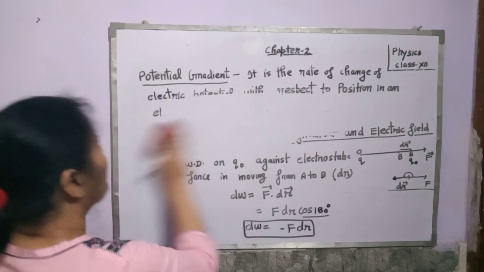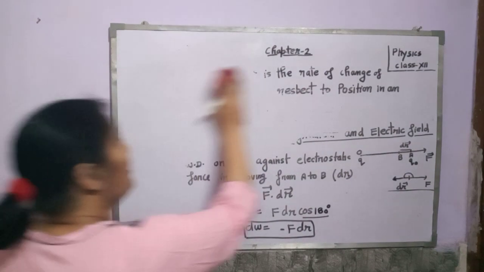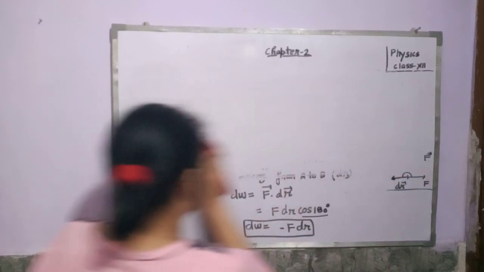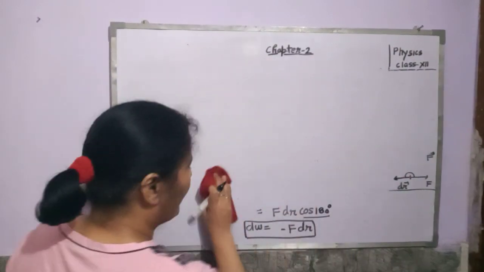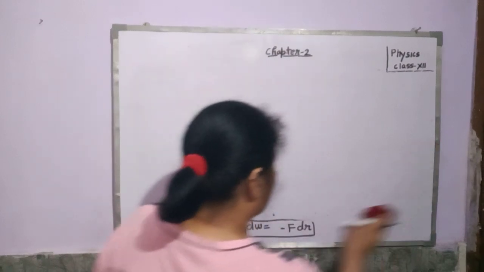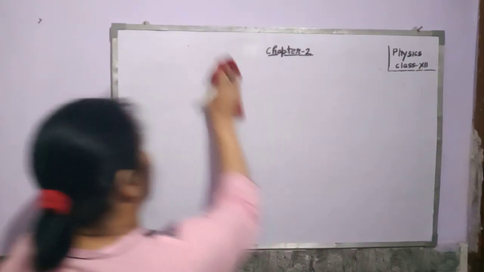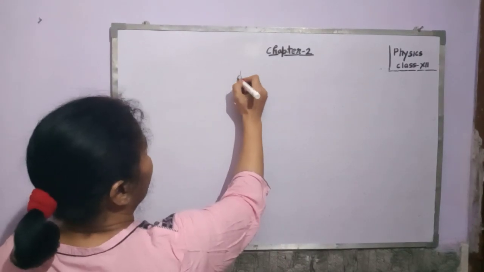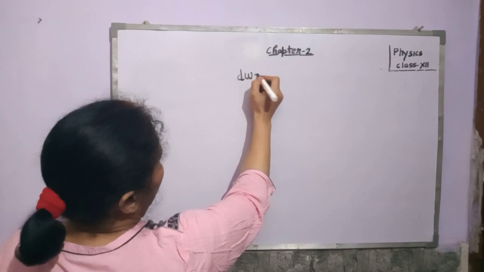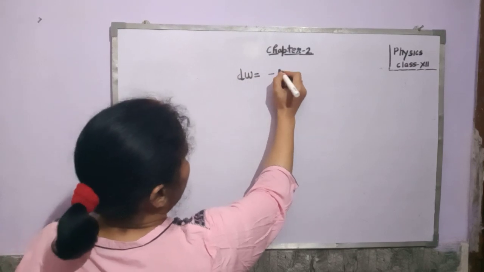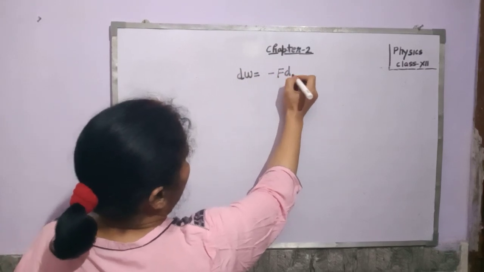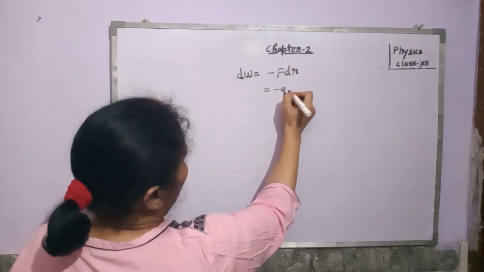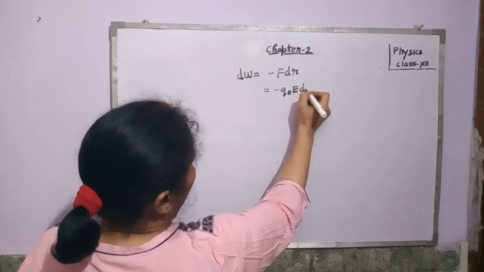When we substitute the value of the force, that means Q naught multiplied by E, force is equal to electric field and the charge which is placed at that point. Now dW is equal to minus F dr, and substituting the value of F, it becomes minus Q naught E dr.